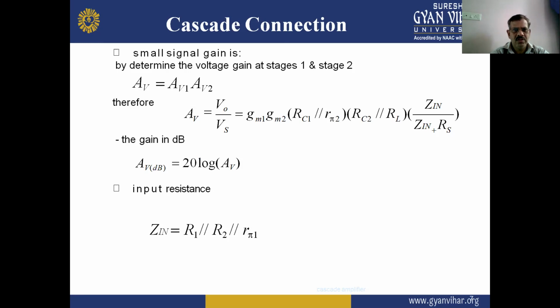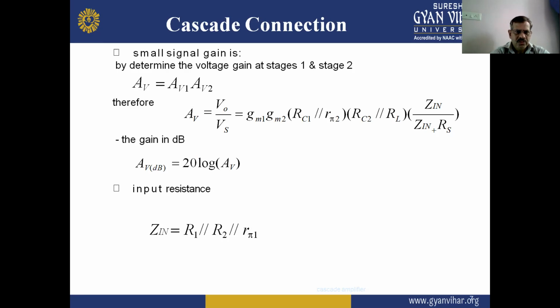Therefore, we know that Av equal to V naught upon Vs, and also equal to gm1 gm2 into Rc1 parallel to R pi 2 into Rc2 parallel to RL into Zin upon Zin plus Rs.